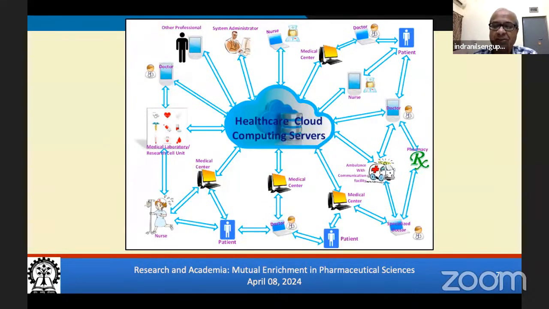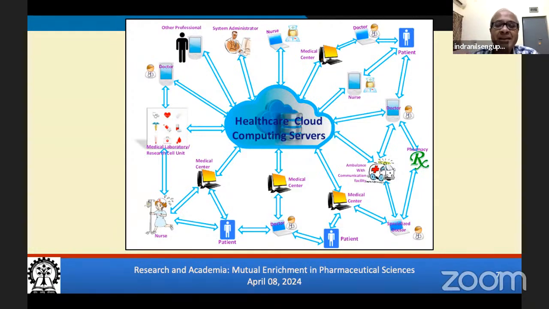Let's take another picture which depicts some flow of information. In the center, I'm showing this healthcare cloud. Cloud is nothing but some very high power computing servers with huge storage facility. You can store huge volumes of data in the cloud.